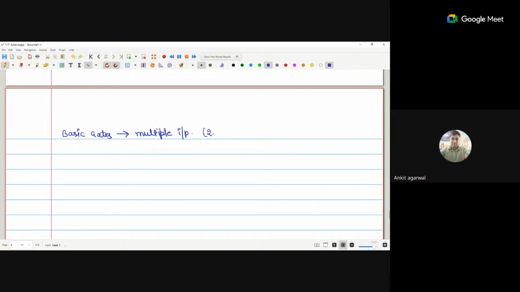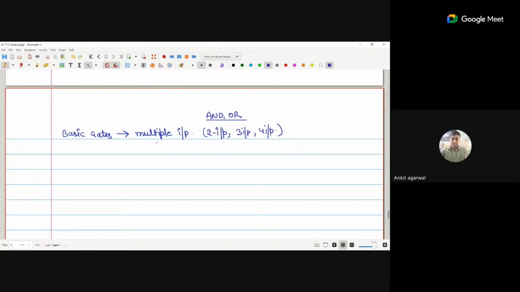If you are talking about AND or OR gates, not the NOT gate, we can create a two input, a three input, a four input.